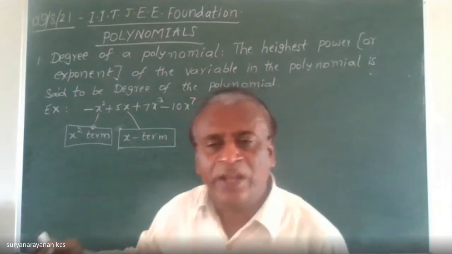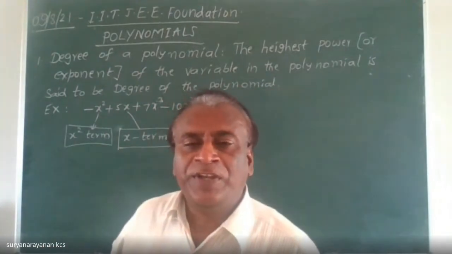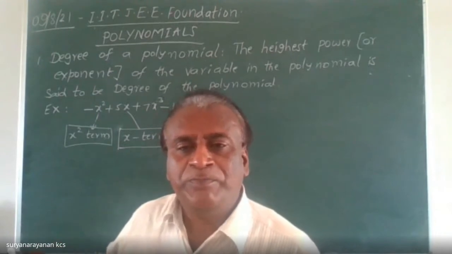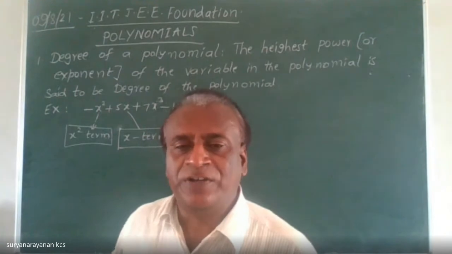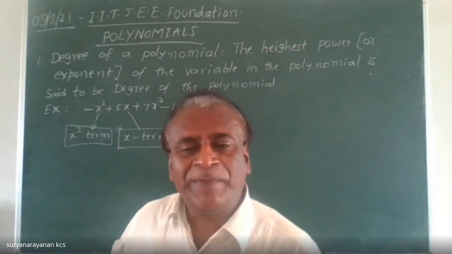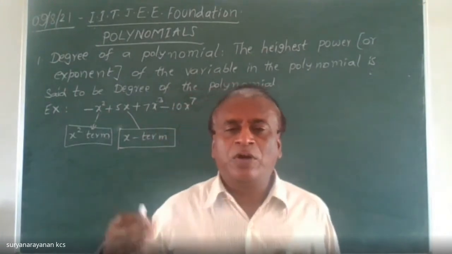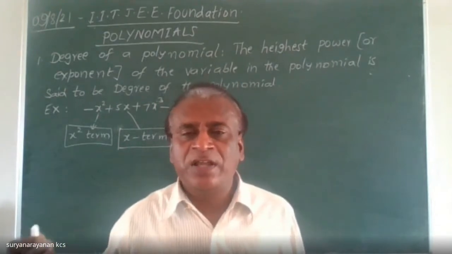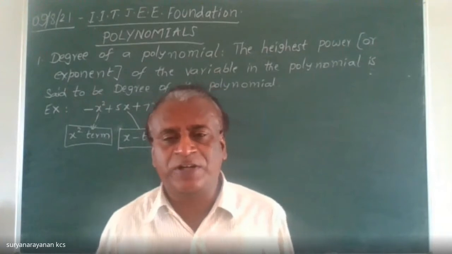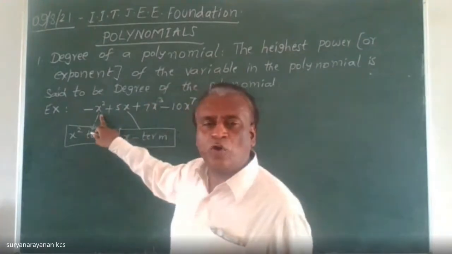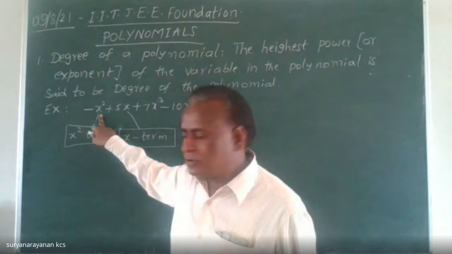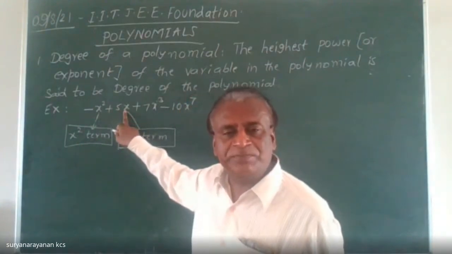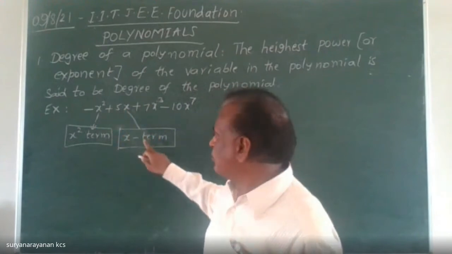We give the name of a term based on the literal coefficient of the term. Remember this point, my dear children. So here, the literal coefficient of the term is x square, so it is called x square term. Here, the literal coefficient of this term is x, so it is called x term.